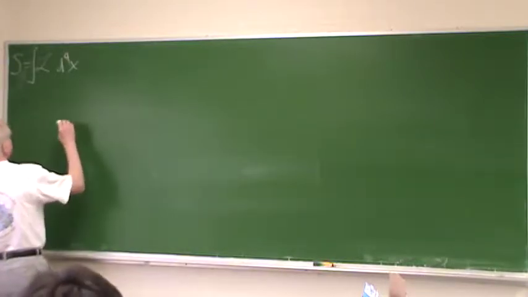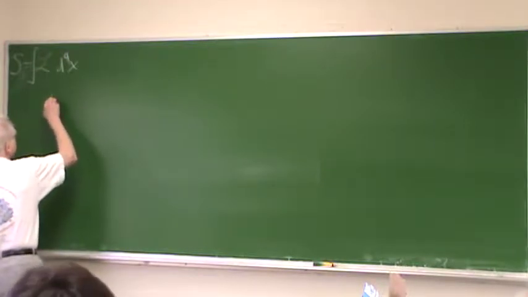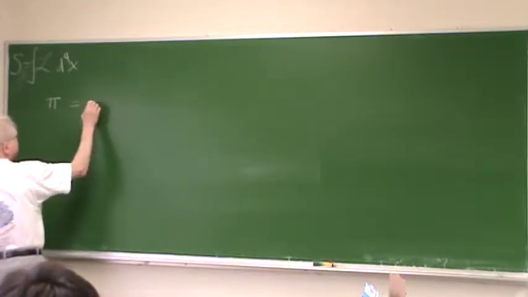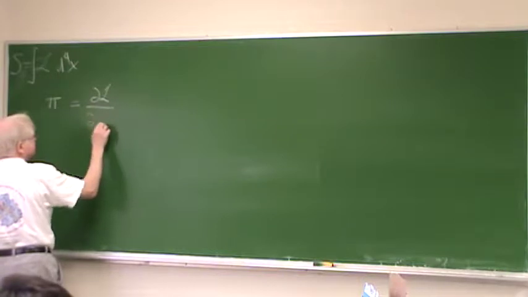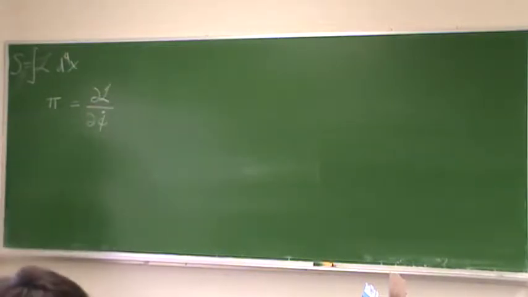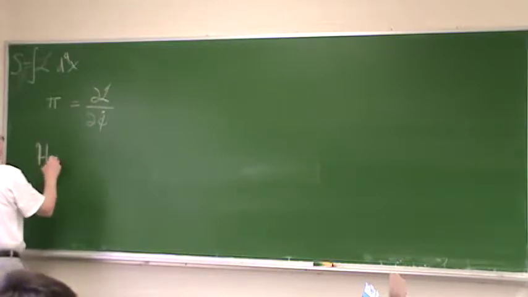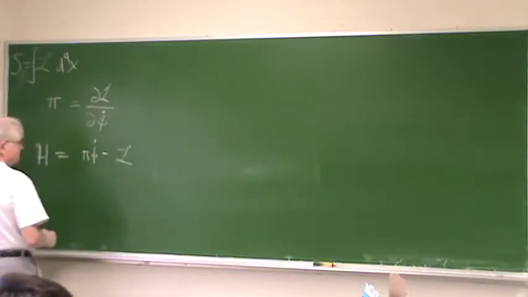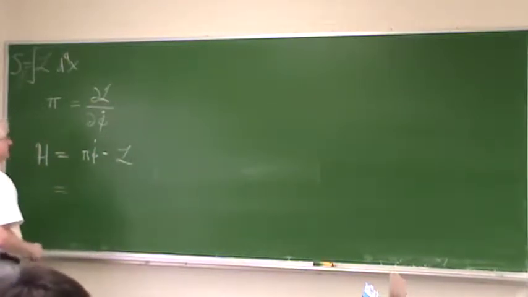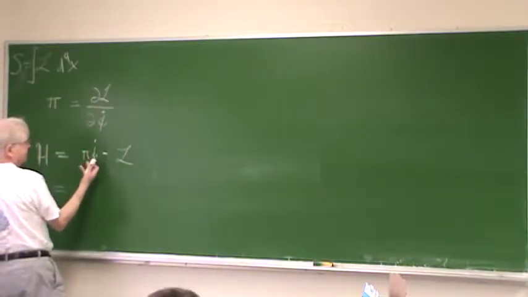Now, once we're given L, we then say that the momentum conjugate to the field phi is the partial of the action density with respect to the time derivative of phi. And then we say that the Hamiltonian, or the energy density, is pi phi dot minus Lagrangian, or the action density.